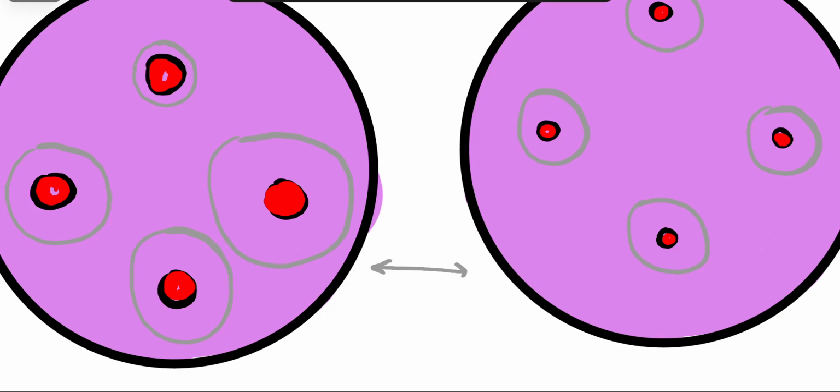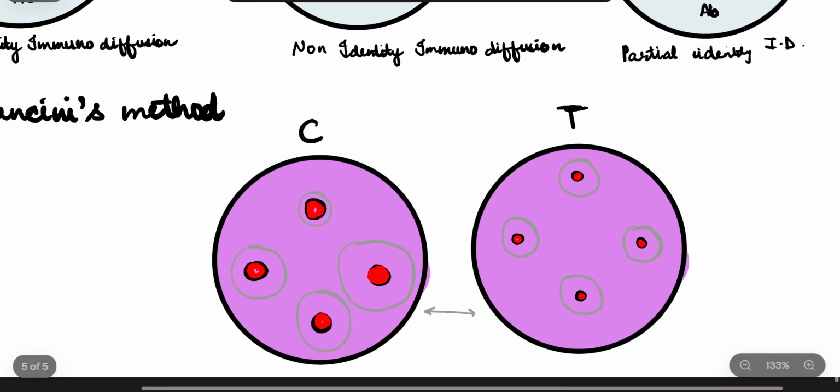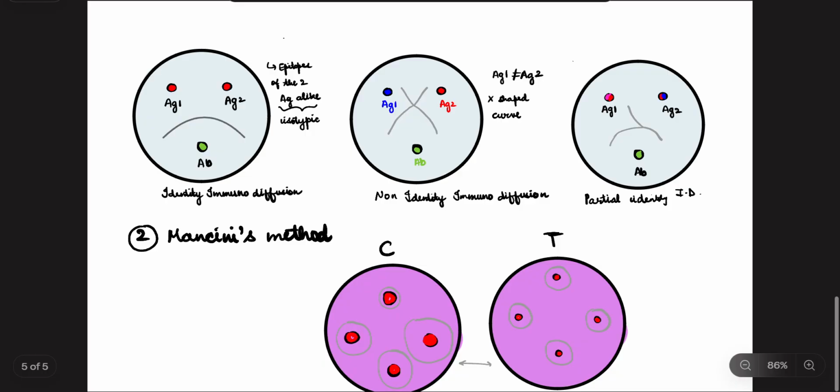That is what Mancini has deduced, and this is very important because it is a quantitative immunodiffusion, whereas Ouchterlony is only a qualitative immunodiffusion. And there is a major drawback of these immunodiffusions: they require higher concentrations and higher amounts of antigen and antibody, meaning they are not that sensitive. So this is what we need to learn about these methods.